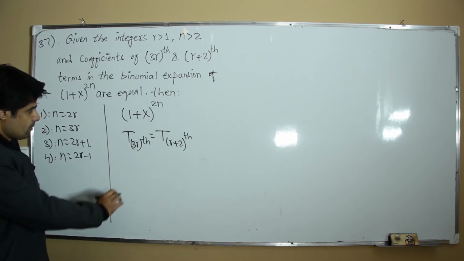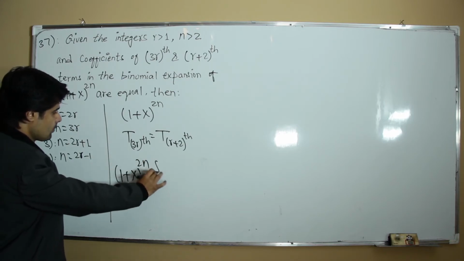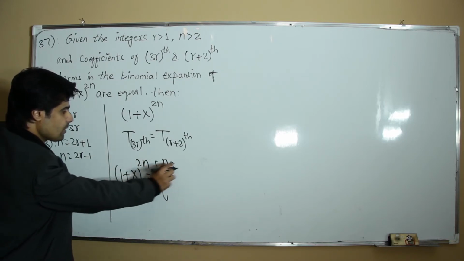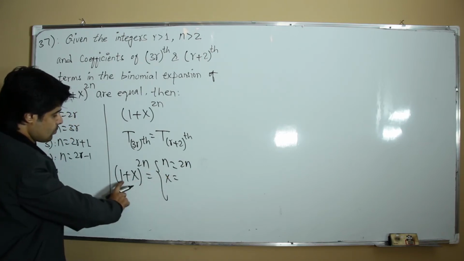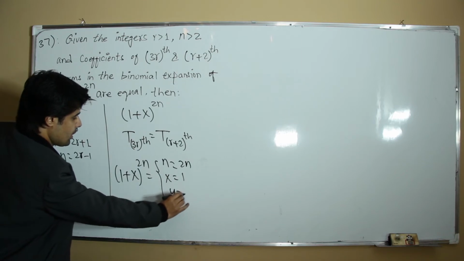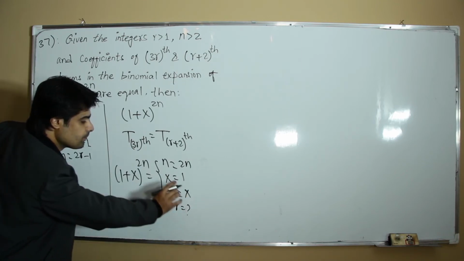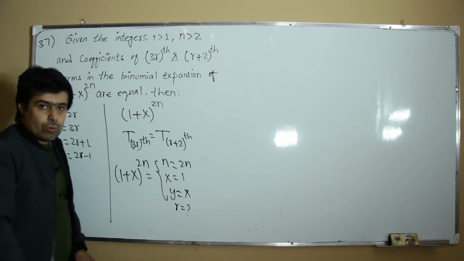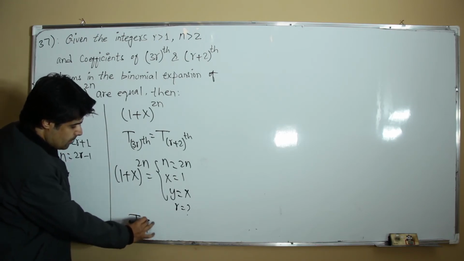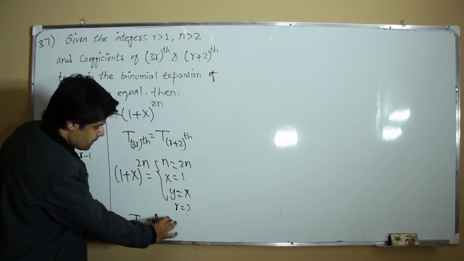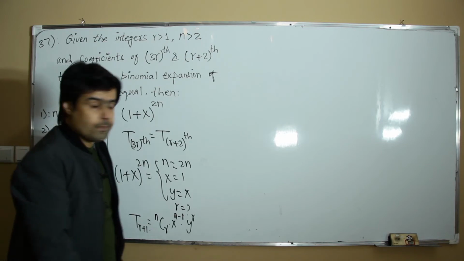You know one thing, 1 plus x raised to the power 2n. You know the n is 2n. You know x is 1. You know y is x. And you don't know r. And you know one formula, which is t r plus 1 is nCr x to the power n minus r y raised to the power r.